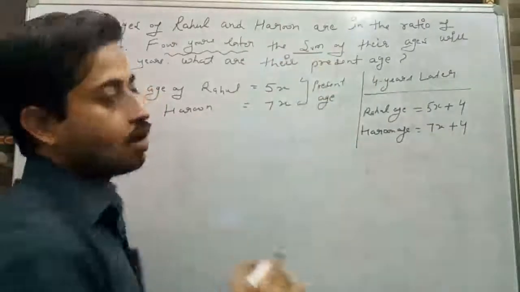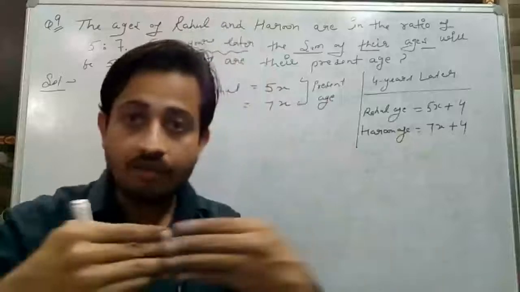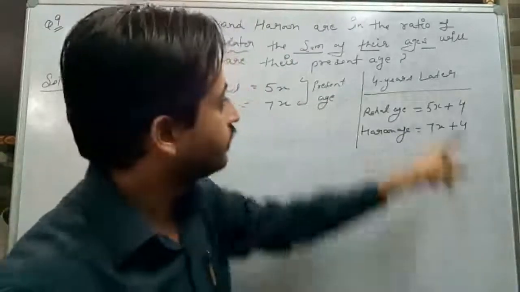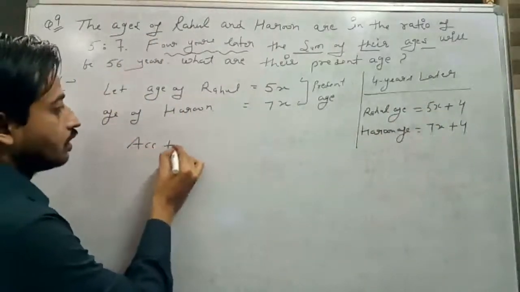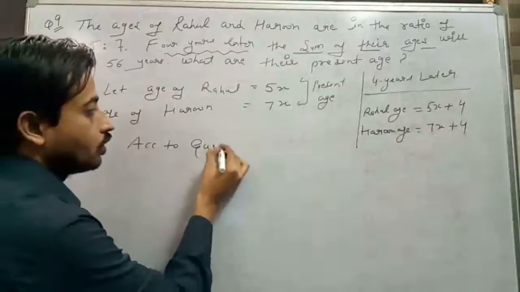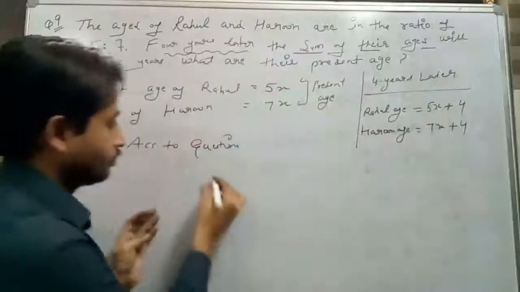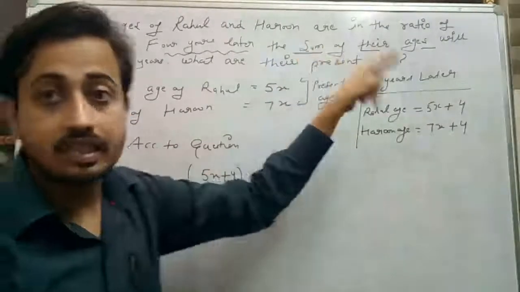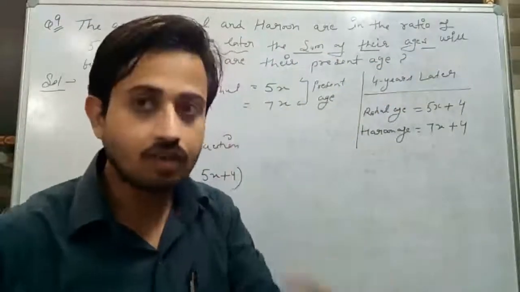The sum of their ages. It means we have to sum up the ages of Rahul and Harun. So according to the question, the sum of ages, Rahul's age is 5x plus 4, because in this they want the age after 4 years, not the present age.